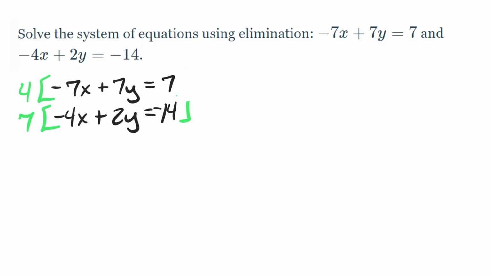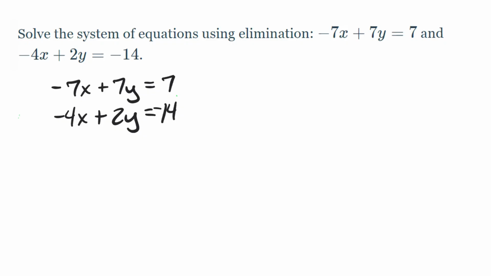But I want to show you something to kind of think over. And if you like it, use it. If you don't, you don't have to. So you were probably taught that, okay, I'm going to multiply to get a number to eliminate. But I don't know if you've ever thought about dividing. So you've got to kind of pay attention when you do this.